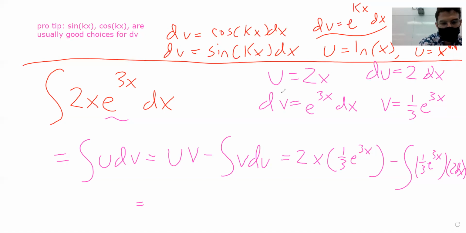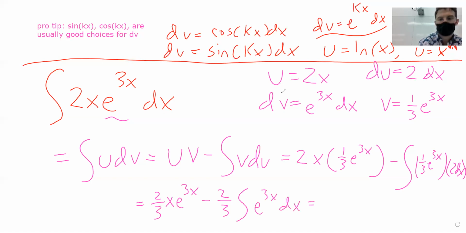So simplifying a little bit, we'll get 2/3 x e to the 3x minus, pulling out all of our constants, 2/3 times the integral of e to the 3x dx. And so the last is this integral of e to the 3x dx. And what's that do?